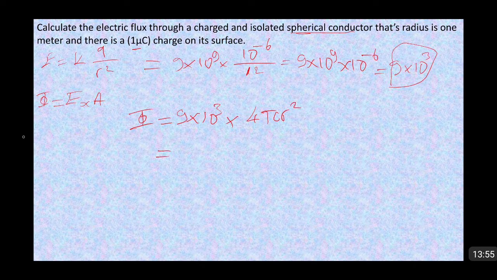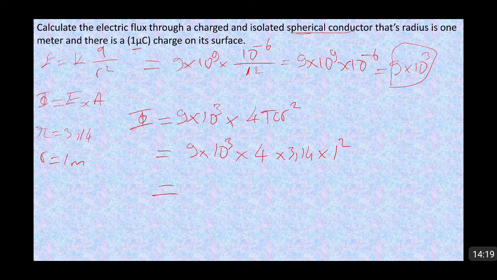We can accept pi equals 3.14. R is given as 1 meter. So 9 multiplied by 10 power 3 multiplied by 4 multiplied by 3.14 multiplied by 1 power 2.